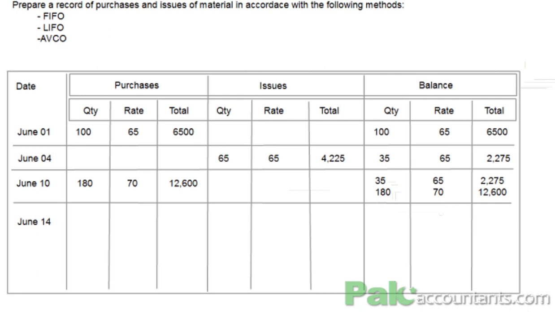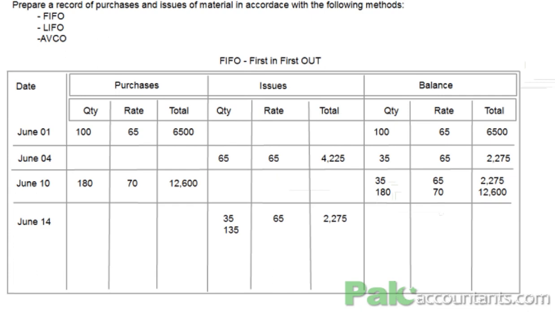Now the answer of this confusion is the method which you are following, and at the moment we are doing this question on FIFO basis, which is first in, first out. Whatever came in first must go out first, and then if you need more, you will be applying another package for making such issues. So 35 will be going out first, 35 for which the rate is 65, total value is 2,275, and the leftover, which is of how much? 135.